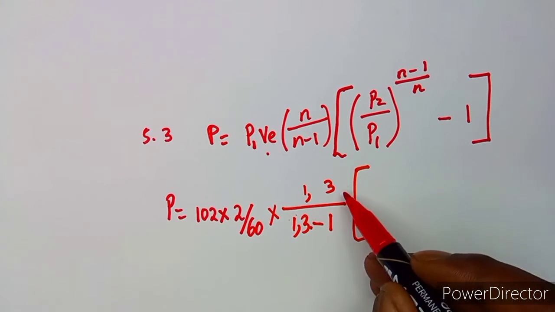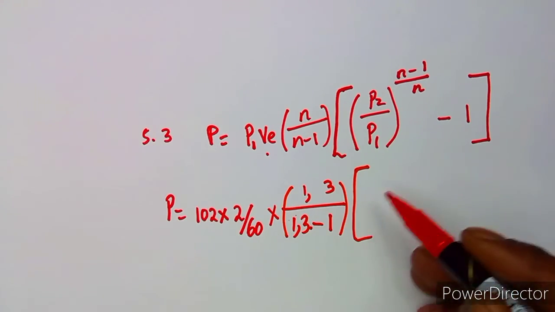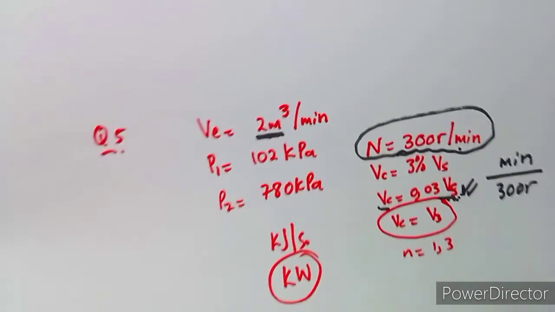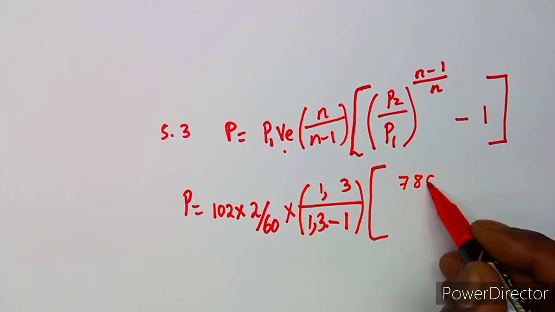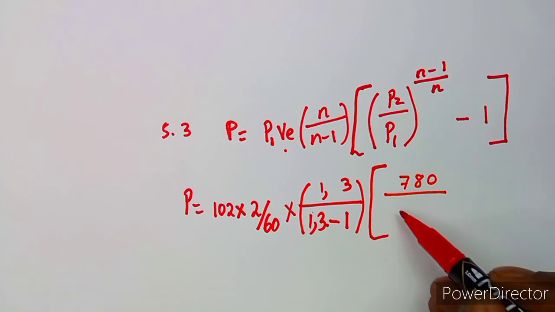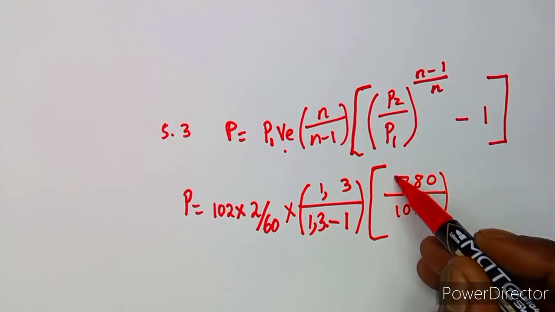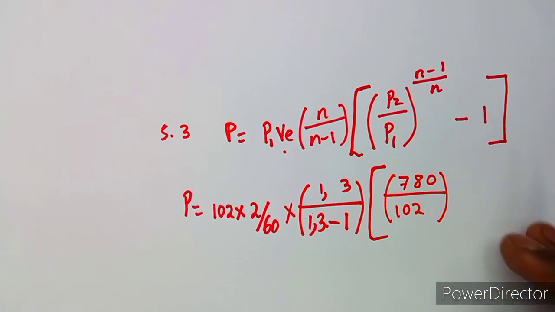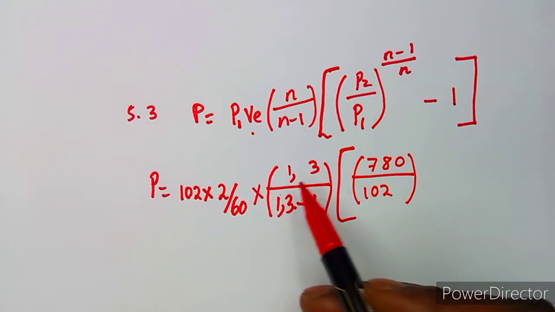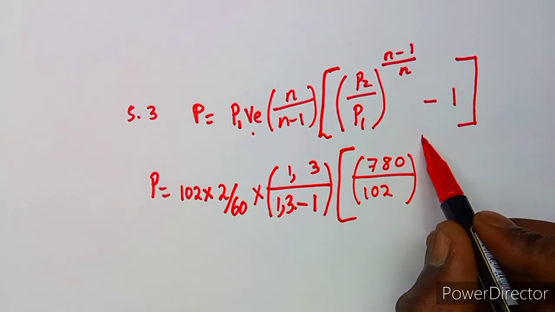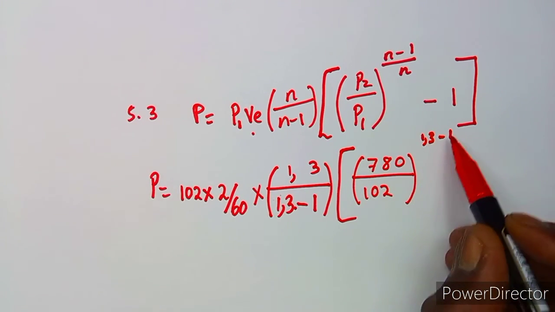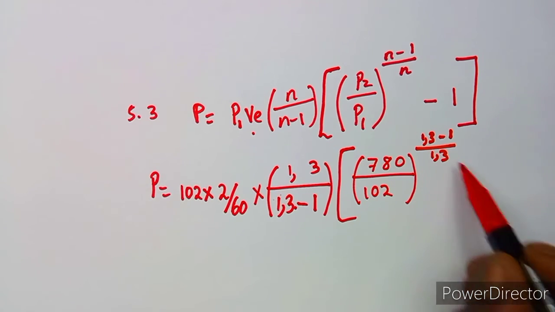Everything goes into a bracket, P2 over P1. That's 780 over P1, which is 102, everything to the exponent of N minus 1 over N. So all you need is to substitute this N as it was: 1,3 minus 1 over 1,3.